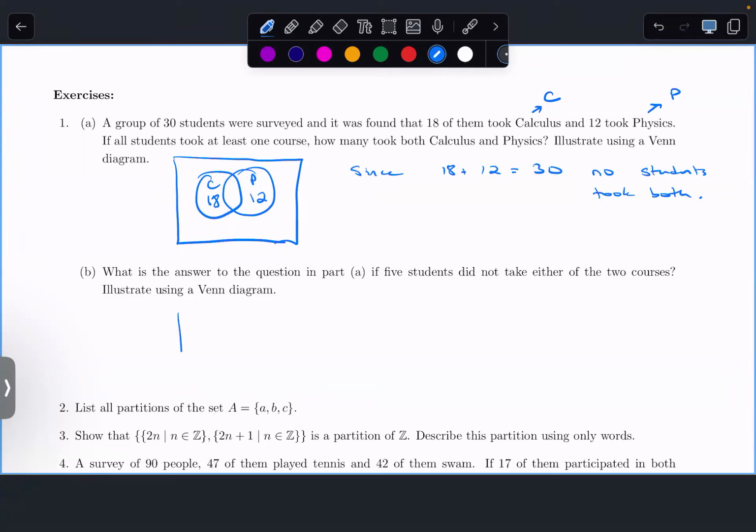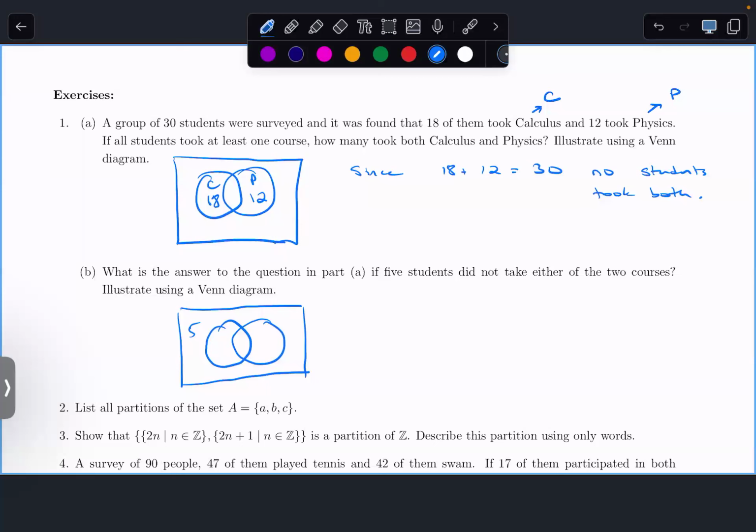What if we changed it? What if we found out that 5 students did not take either of these? What does that look like? We're going to keep 18 in calculus and 12 in physics.